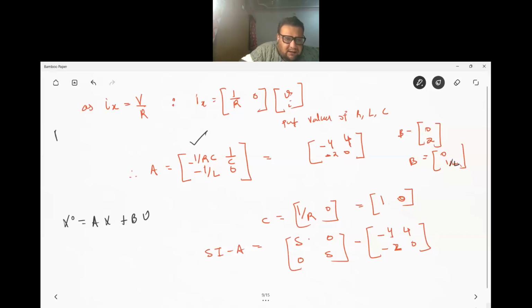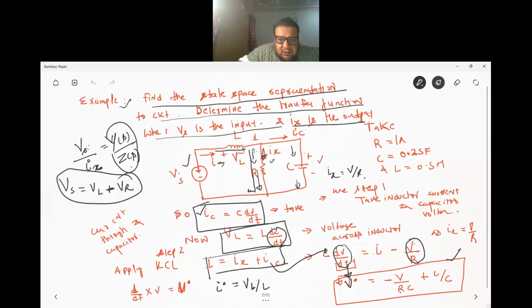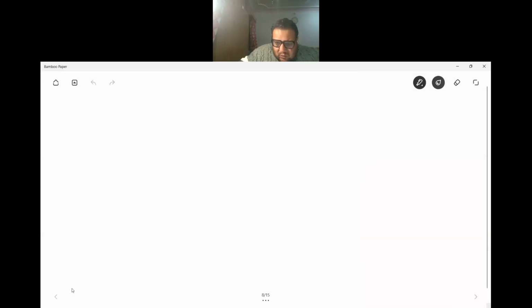For R, L, and C, the values are mentioned in the question. Those values we substitute back. 1 by RC, what are the values given? Just check. Okay, the values are R is equal to 1, C is equal to 1 by 4 and L is equal to 1 by 2, right? Because 1 by 4 is 0.25 and 0.5 is 1 by 2. So you go back there and resubstitute these values.